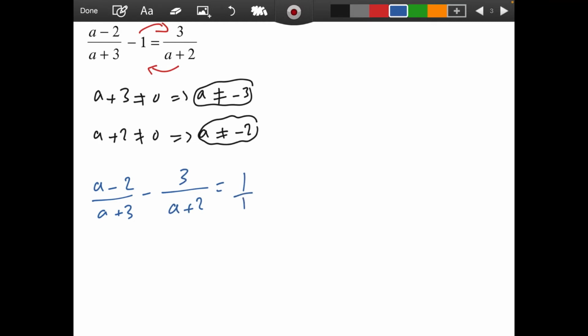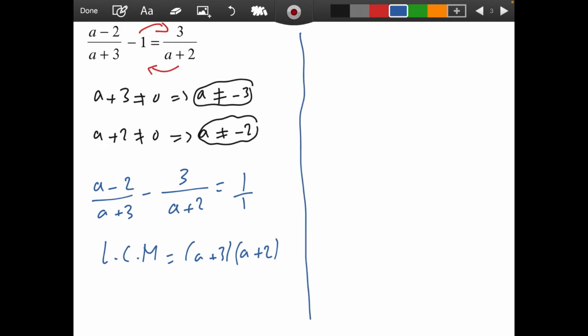This denominator is 1, so the least common multiple is their product, a plus 3 multiplied by a plus 2. So here I multiply by the missing factor, which is a plus 2 up and down. And here I multiply by the missing factor, which is a plus 3.